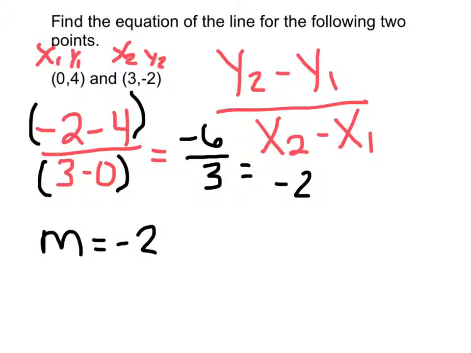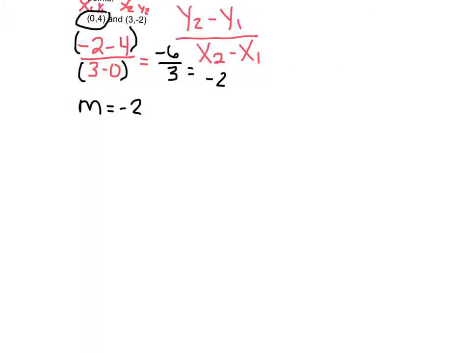Now to get the rest of our equation, it's your choice. You can use that slope-intercept form and solve for b, or you can go ahead and use the point-slope form. But you're going to have to use one of your 2 points. I'm going to go ahead and use this first ordered pair and use my point-slope formula. Okay, so I scooted that up.